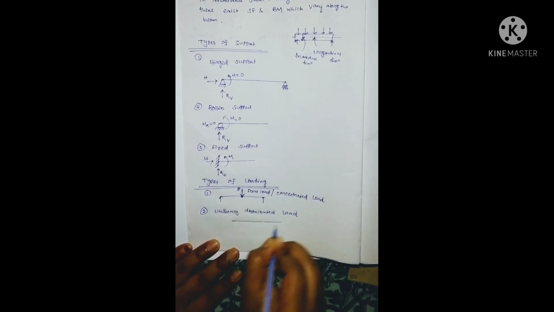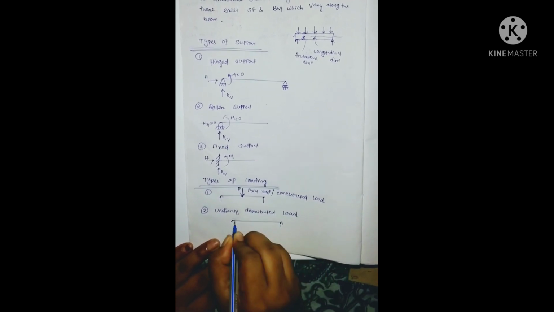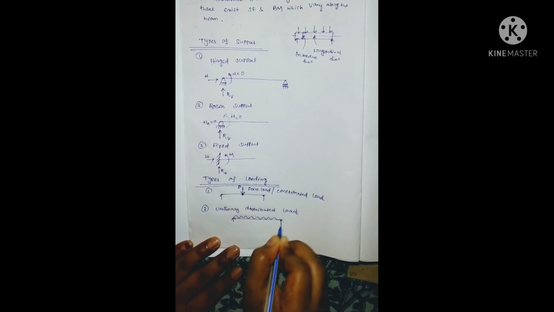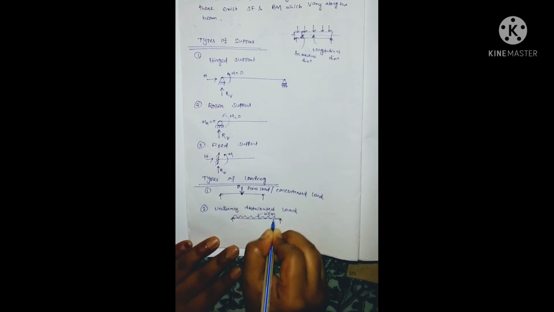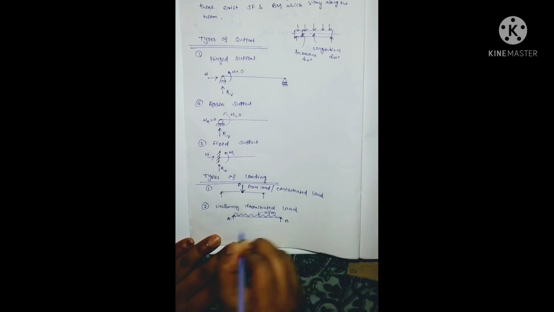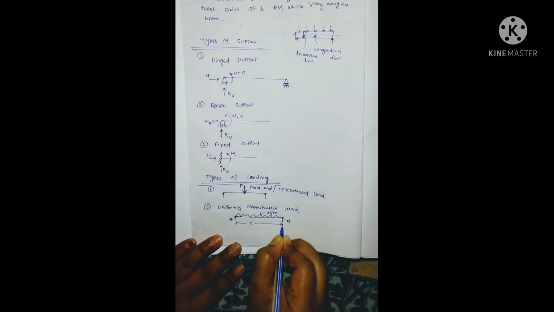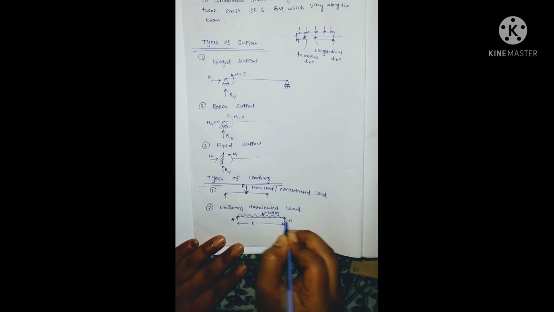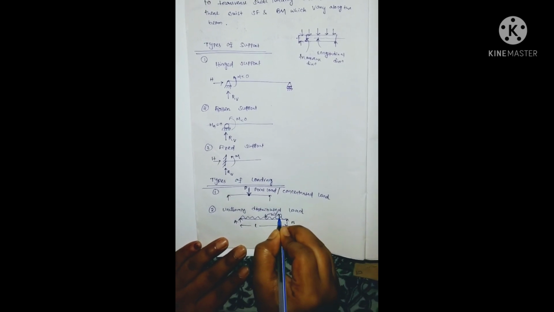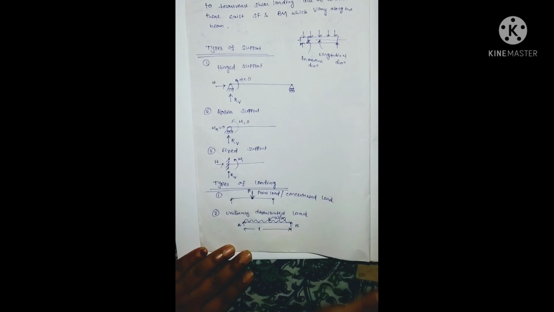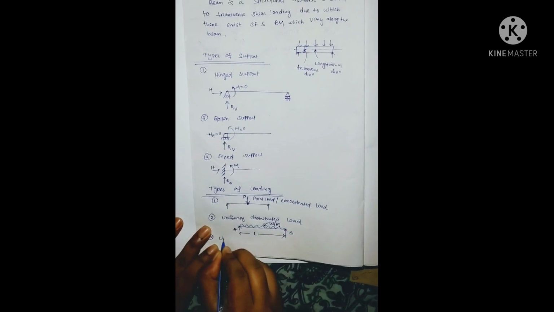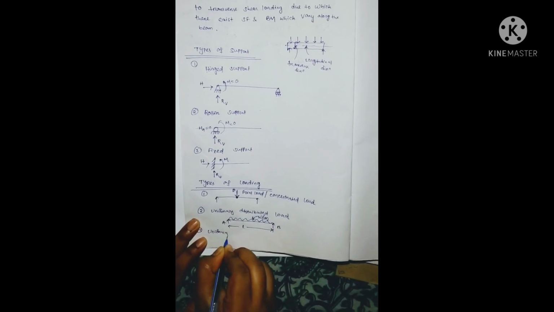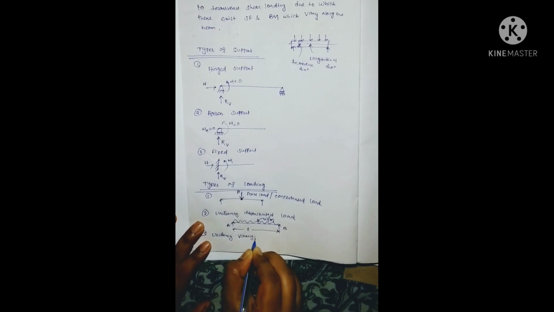This load is acting per meter run. W per meter. Let this be A, this be B, and the length L. This load is acting per meter run. It may be per feet or per inch, that is, acting per unit run. Okay. Then uniformly varying load.